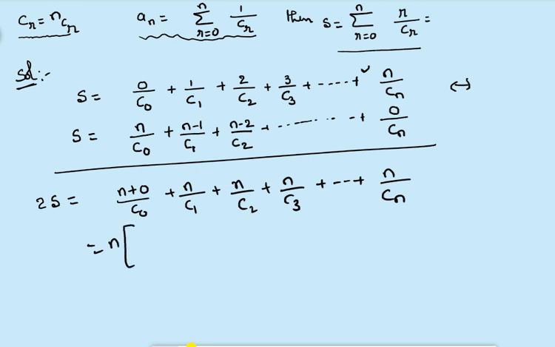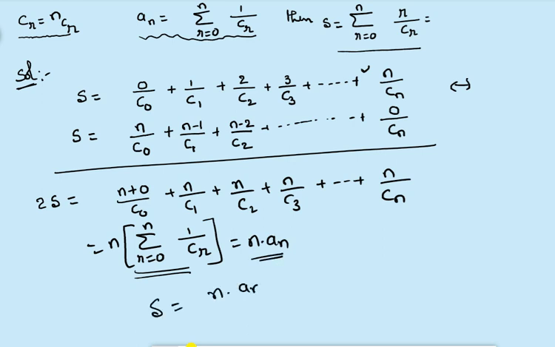Now if you take n common, that is nothing but sigma r equals 0 to n of 1 by Cr, but in the question this is given as an, that's why we are getting n into an. Therefore the value of S is equal to n into an divided by 2.